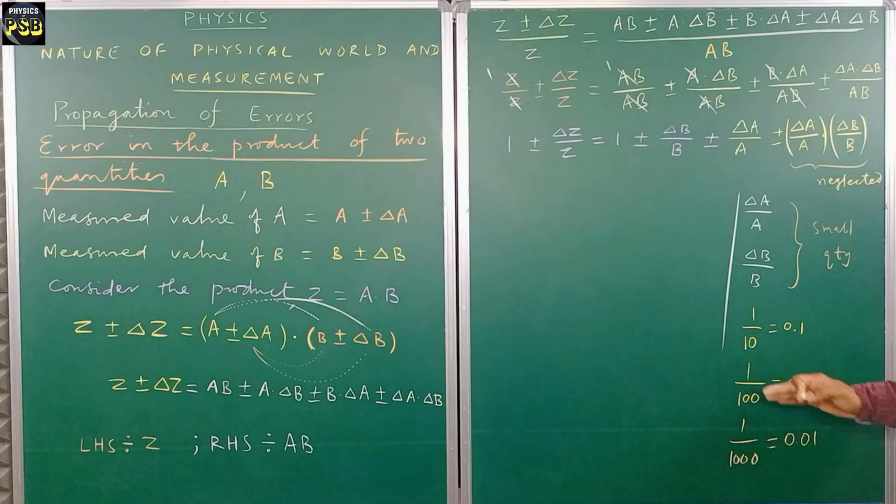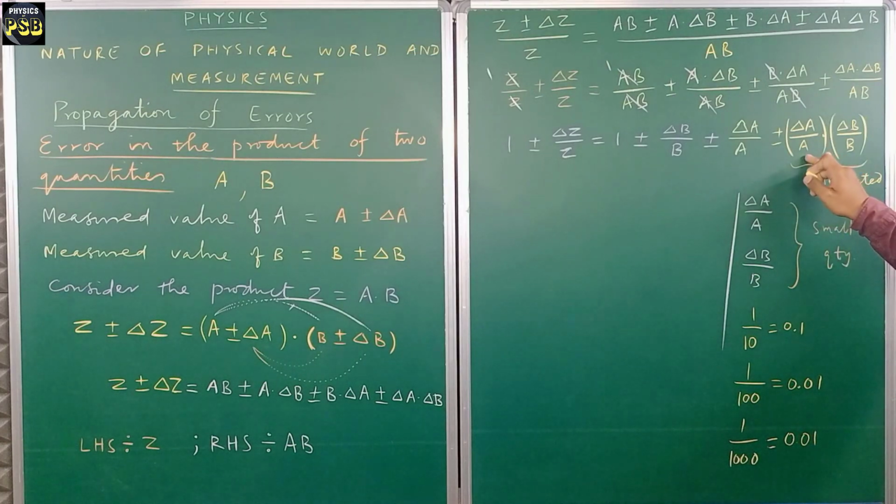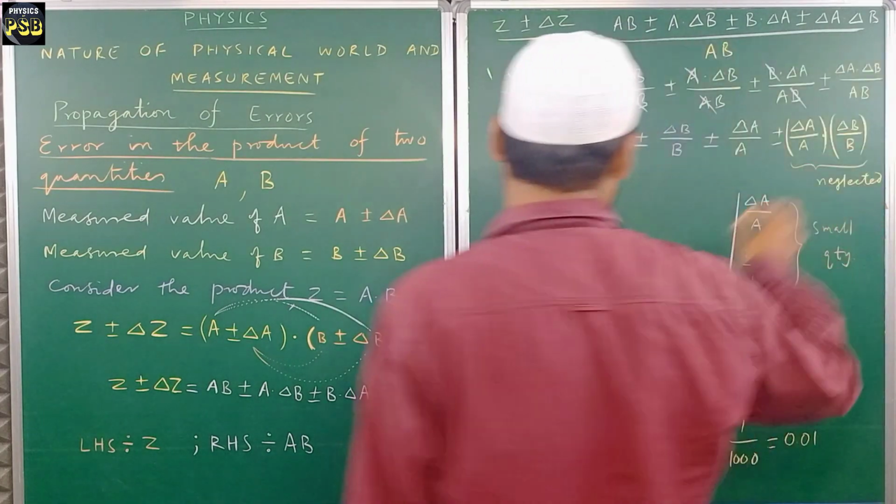Okay, as we increase the denominator value, the result obtained is getting smaller. This is obvious from these values. That is why the division of delta A and A is a small value. On multiplying this with a small value, again we are going to get a very small value. So it is neglected. Even the presence of this is not going to make any difference in this part of the equation. So it is neglected.